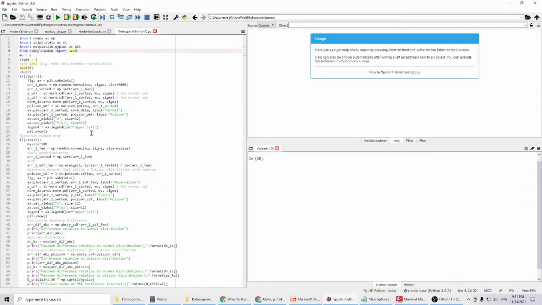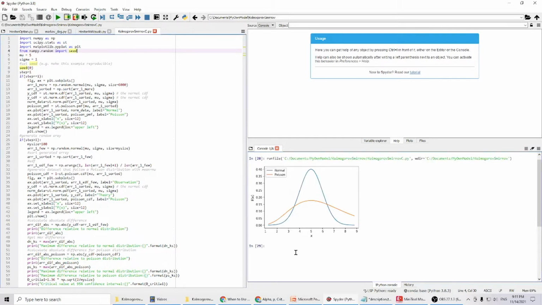Let's draw a graph to show those two distributions first. This is the normal distribution and this is the Poisson distribution. You can see, obviously, they are not the same distributions.